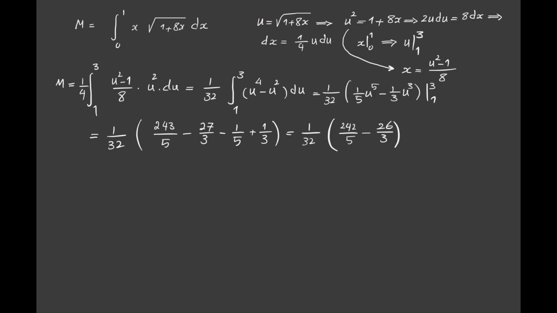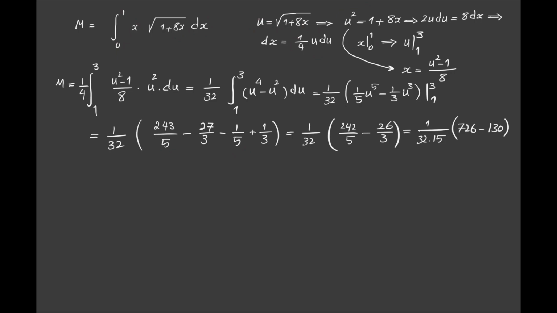Okay, for simplicity, let me factor a 1 over 15 out. This becomes 1 over 32. Of course, you can calculate these things using the calculator. And then what happens? It becomes 726 minus, if I multiply that by 5, 130. Yes?